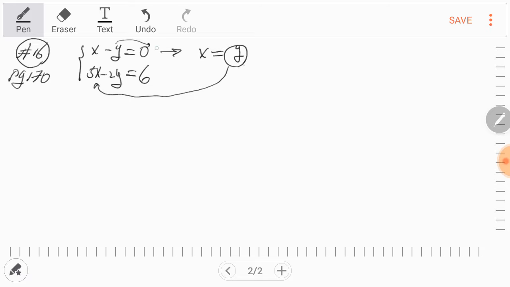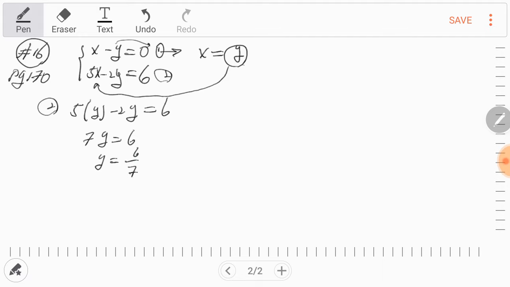Okay, so this is equation 1, this is equation 2. Then equation 2 will be 5 times y, where x is replaced with y. Then combine the like terms. So 7y equals 6. Then y equals 6 over 7. We got the y value here.